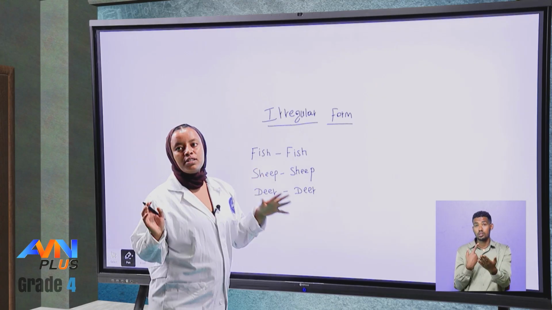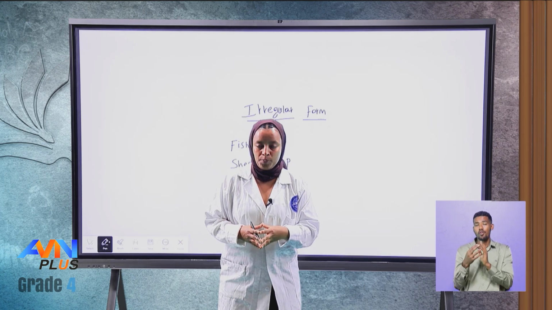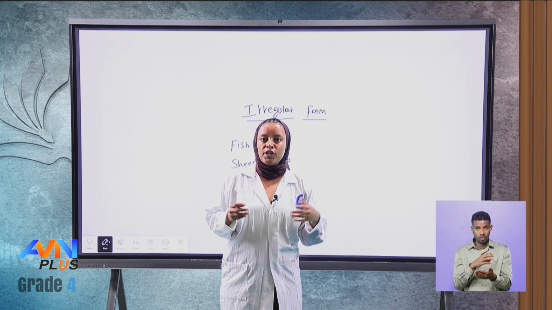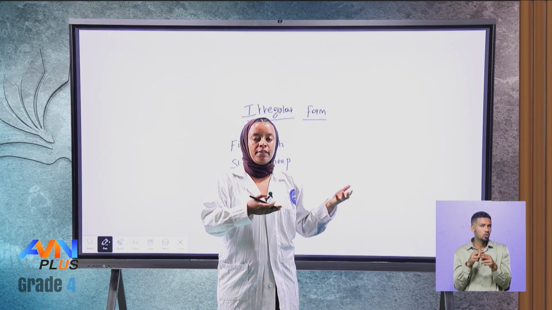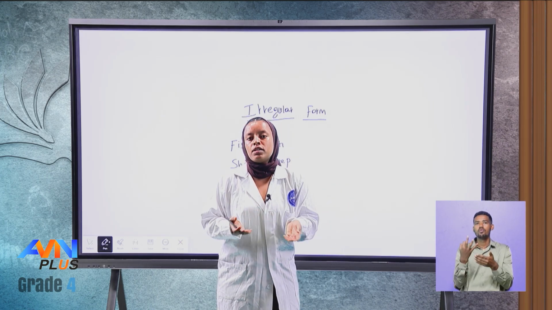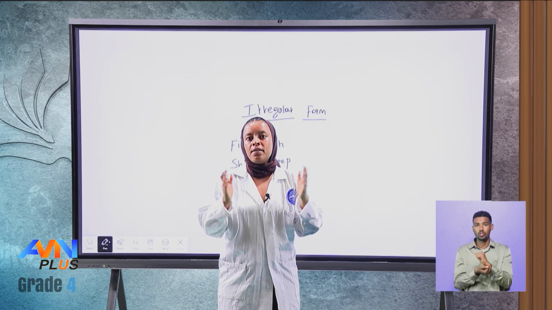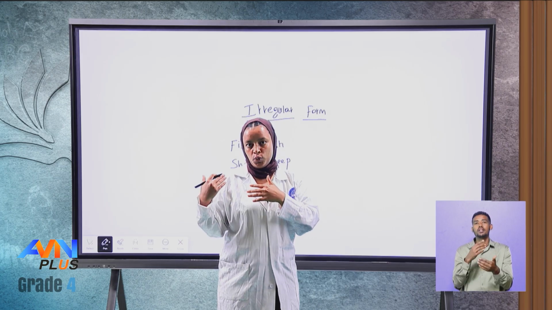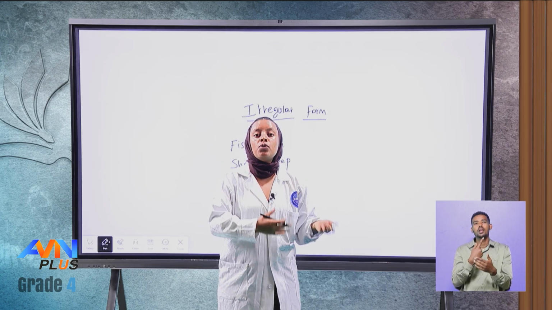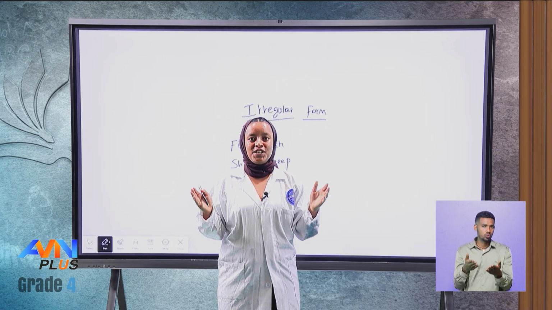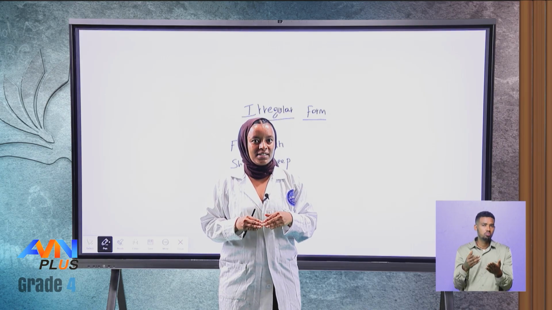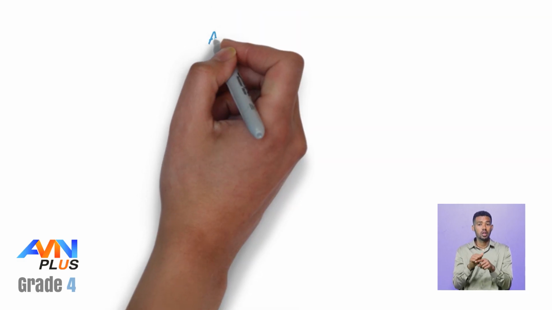Some nouns change their form totally and sometimes not at all. Students, this is the first lesson, where we were discussing regular and also irregular plurals. Let me give you more activities and let us practice together.